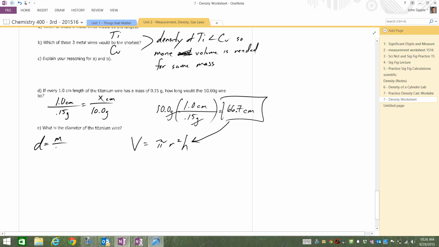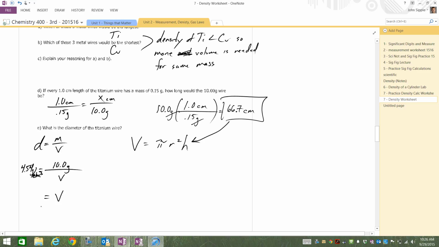Okay, but the best part is, I got D equals M over V, right? I can find the volume of my wire with density, okay? Because we know our wire is 10.0 grams, and we also know the density of the titanium is 4.54 grams per milliliter, or centimeter cubed. I'll do centimeter cubed here. Okay, so we can figure out what the volume is.